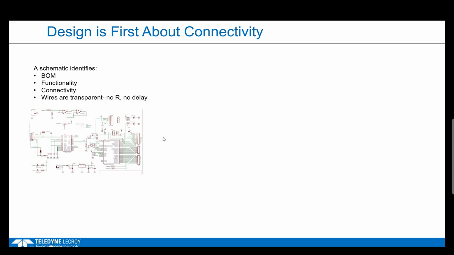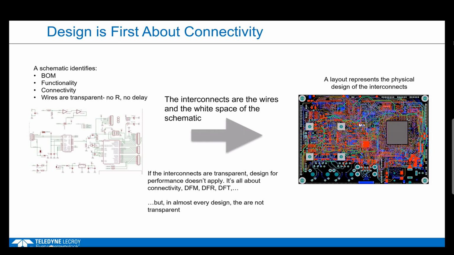When we turn that schematic into a layout, that is the physical implementation of all of those ideal wires and also the white space. These interconnects that we draw, the physical interconnects that represent the connections between the terminals, live in that white space and in the wires of the schematic. If the electrical properties of these interconnects are transparent and they don't affect the signals, then when we design the circuit boards, it's all about all the other design-for issues.